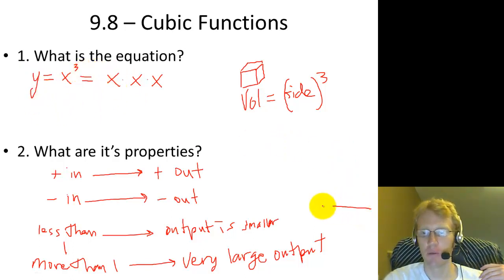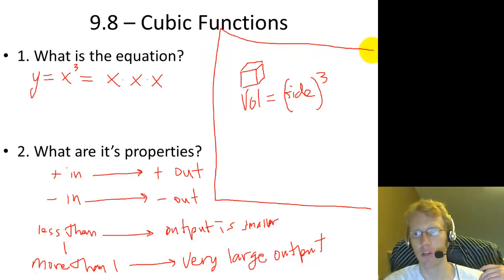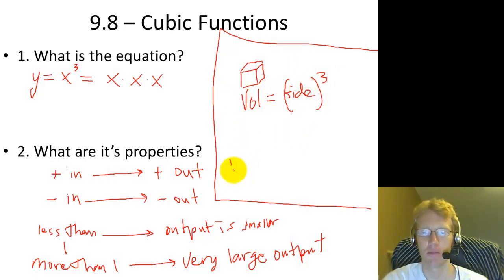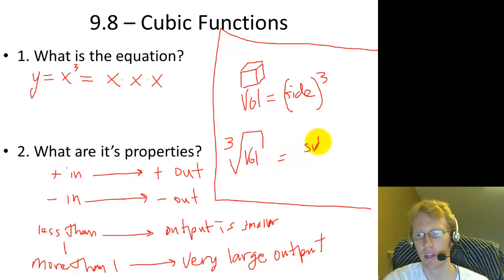Okay, I want to briefly mention, especially in terms of the volume over here, that you can always work backwards. If you know the side length and you want to find the volume, you just do the normal thing, you take it to the third power. But it's also frequently the case that you know the volume and you want to find the side length. So if you take the cube root of both sides of this equation, you get the cube root of the volume equals the side length.